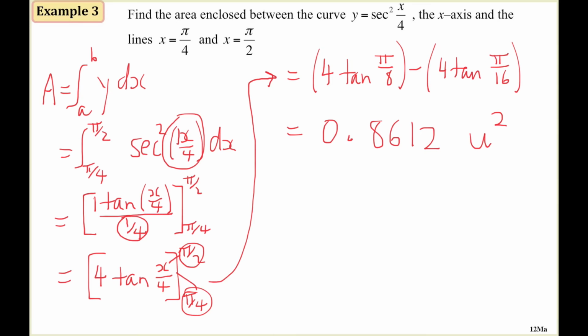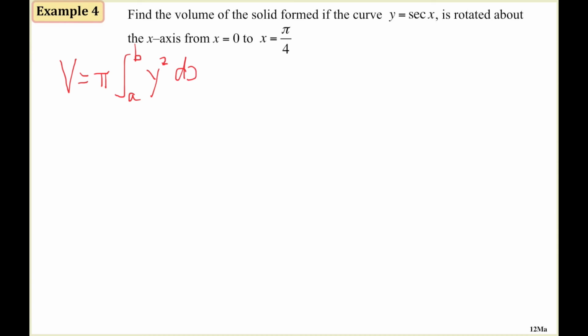Okay, let's try example 4. And this is where we have to try and find a volume. Now remember, with the formula for volume, it is volume equals pi, integral from a to b of y squared dx, which will equal pi, the integral from 0 to pi on 4 for this question.